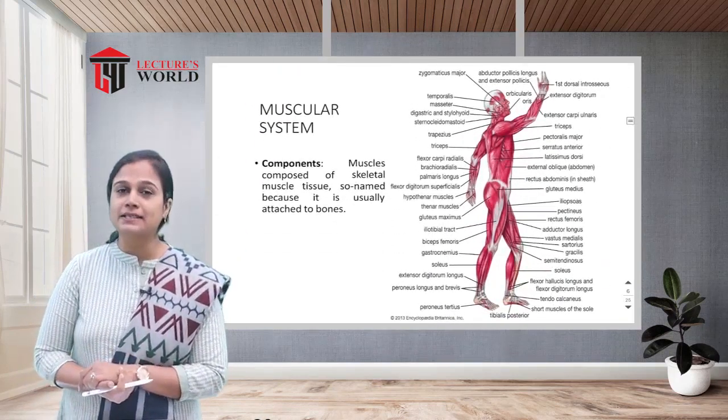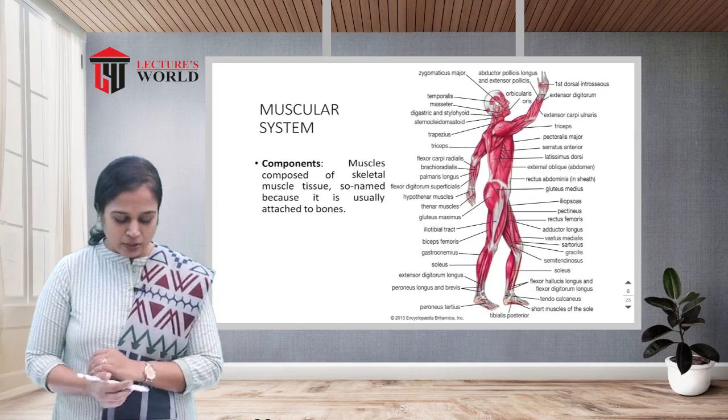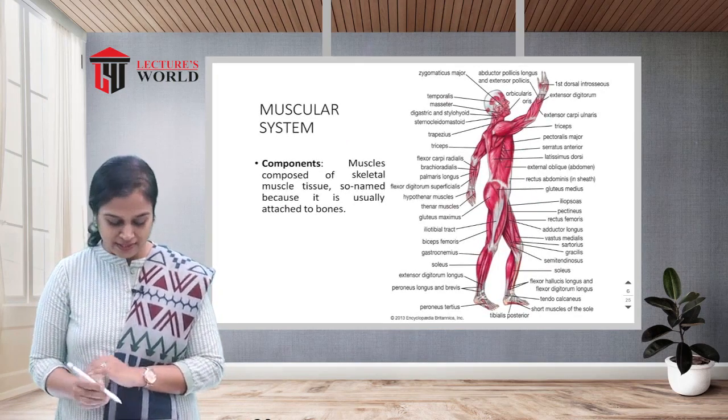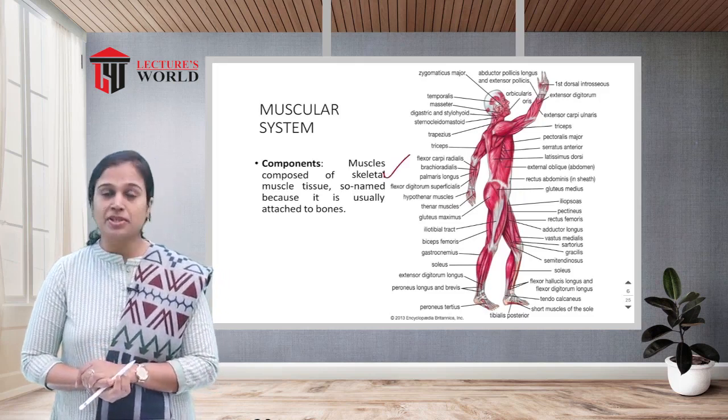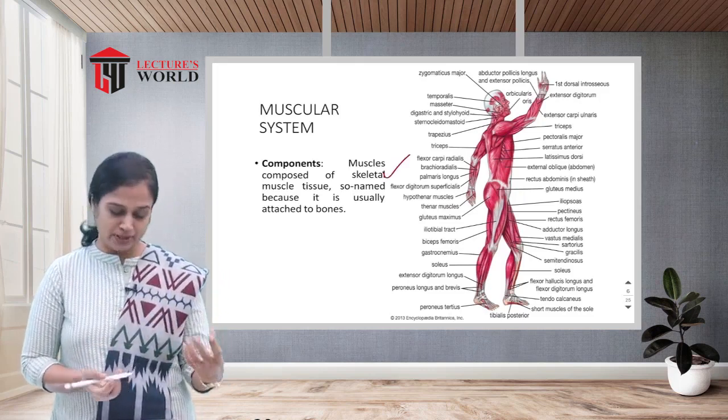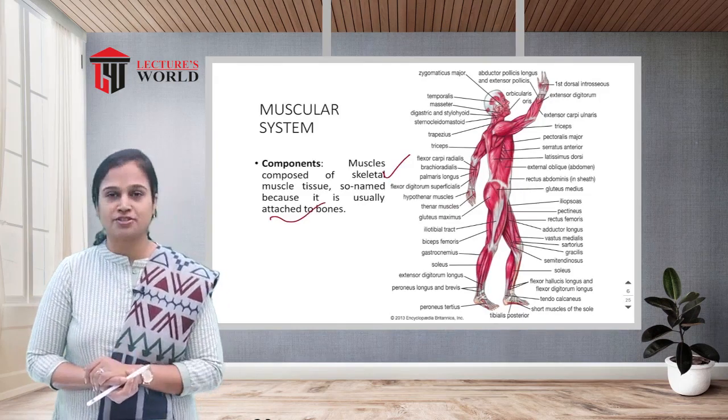Moving on to another system, that is the muscular system. The components of the muscular system are the muscles. It has the skeletal muscles, which are called skeletal muscles because they are attached to the bones.